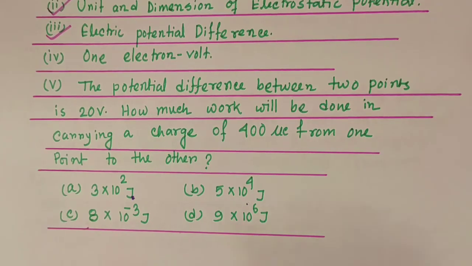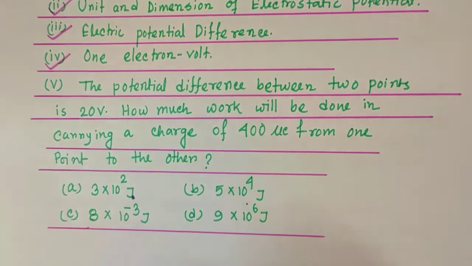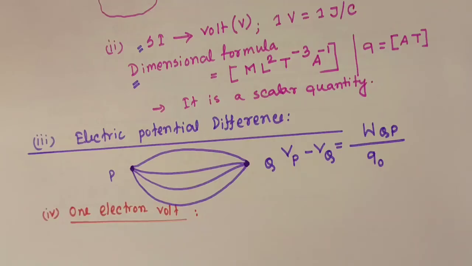Now, we will move to our fourth topic, 1 electron volt. What is 1 electron volt? 1 electron volt is the energy equal to the work required to move a single elementary charge e, such as the electron or the proton, through a potential difference of exactly 1 volt.